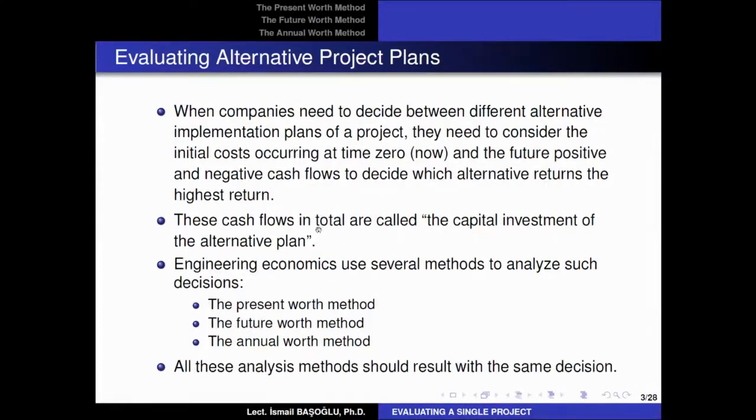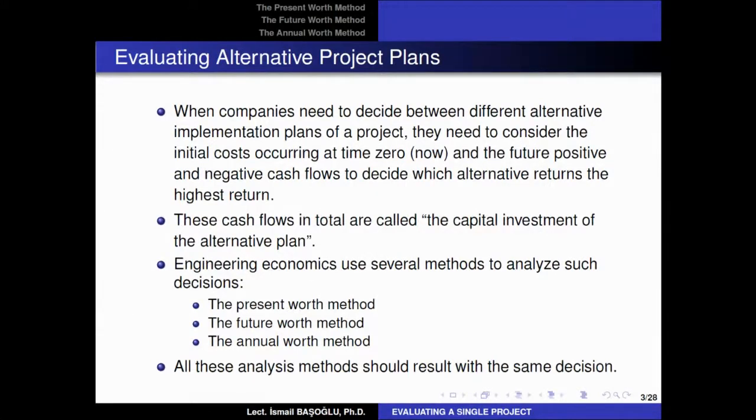So the cash flows in total are called the capital investment of the alternative plan, and we are going to use these methodologies for each alternative. However, at this point, all these three analysis methods should result in the same decision. Okay.